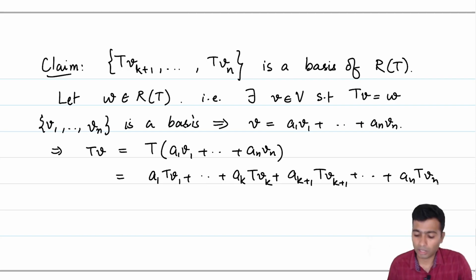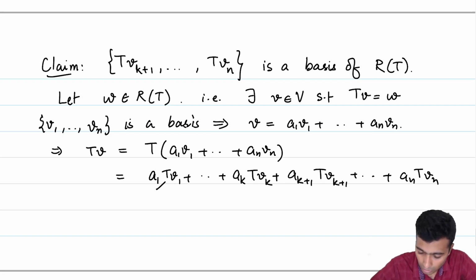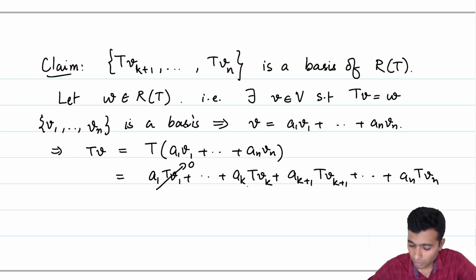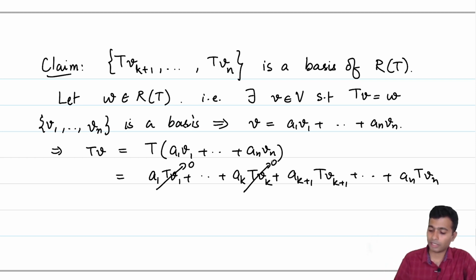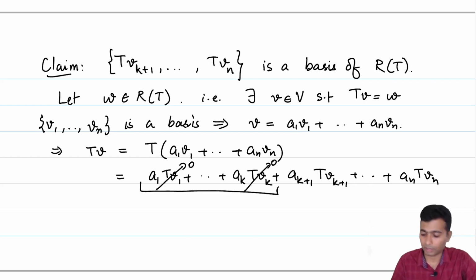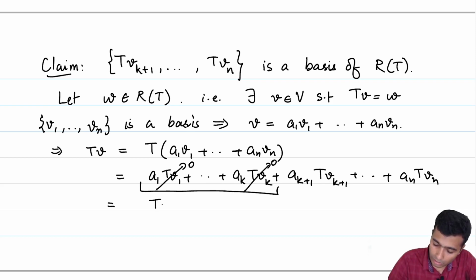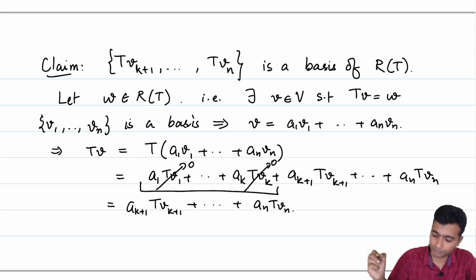But what is TV1, TV2 up to TVk? Recall that V1, V2 up to Vk is a basis of the null space of T. So this is our 0 vector. TV2 is our 0 vector, TVk is our 0 vector, all these are 0 vectors. So this is the 0 vector of W, and hence this is equal to A(k+1) T Vk plus 1 plus up to An T Vn.